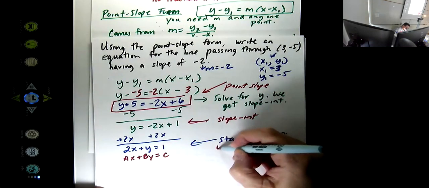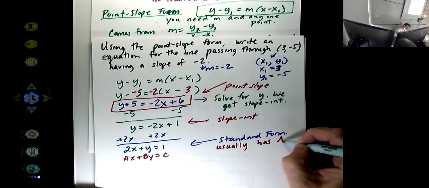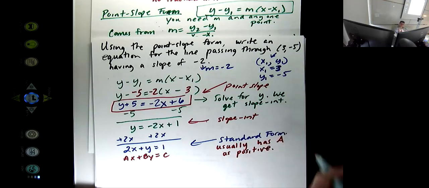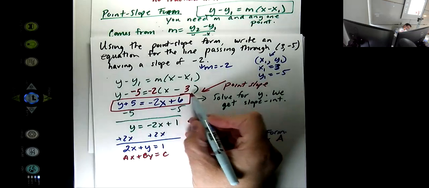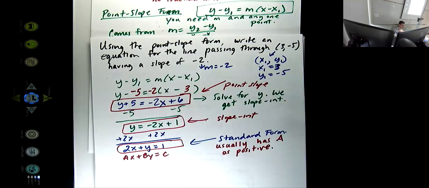Standard form usually has a as positive, which is what we have here. We don't want to have a negative in the front, it just reads bad. So that form, and we get that form. 3 forms for the same line.